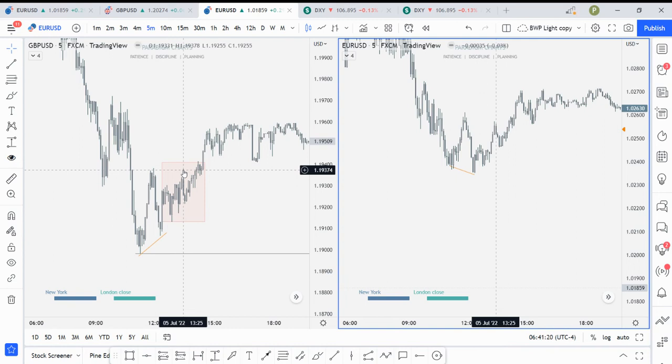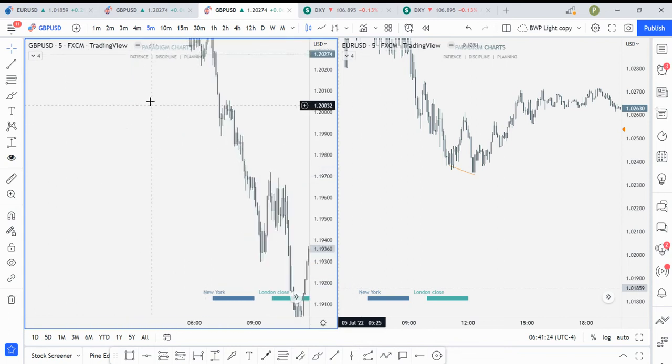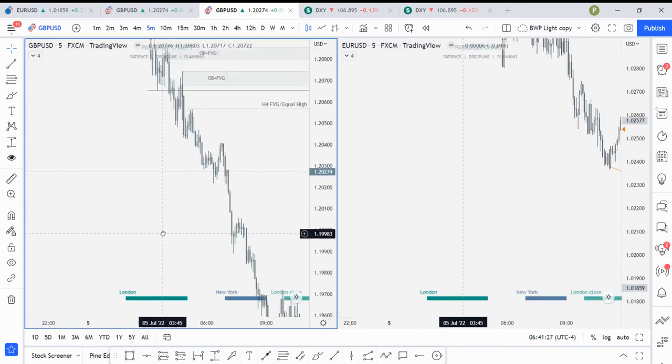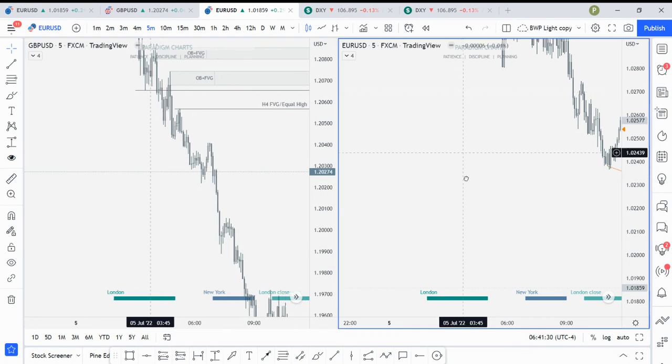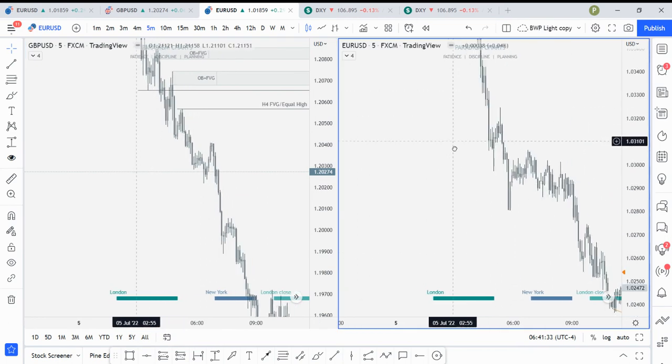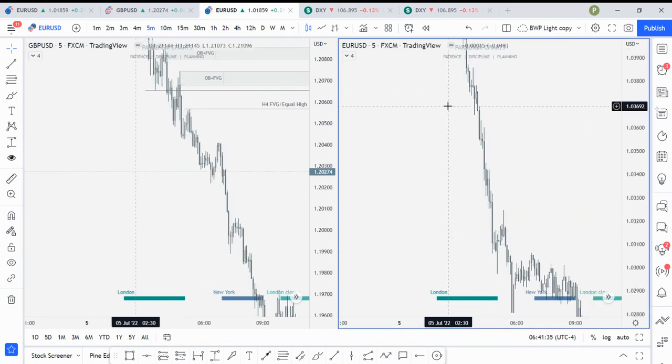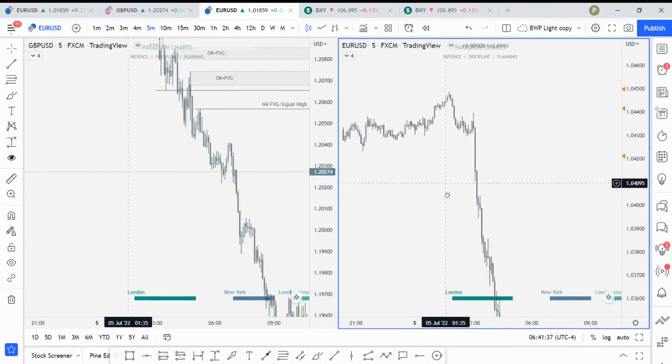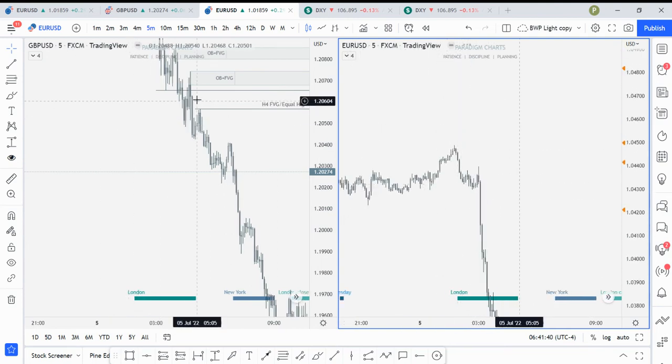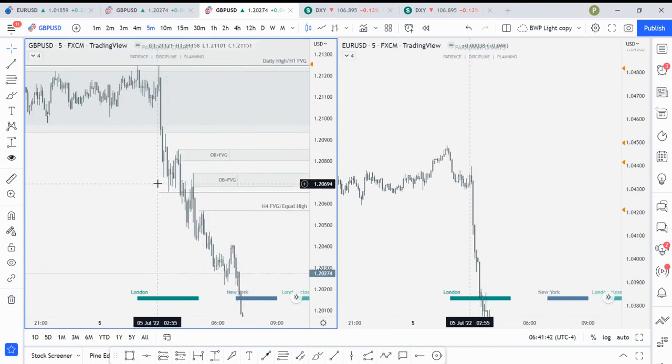In other words, there are specific times in which you expect certain occurrences, certain things to happen. That is what you call time and price theory.